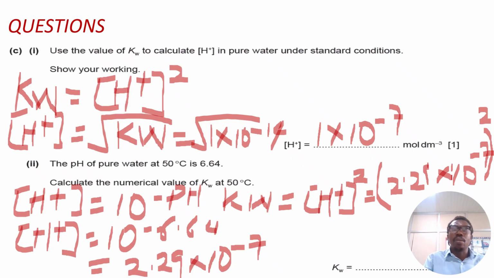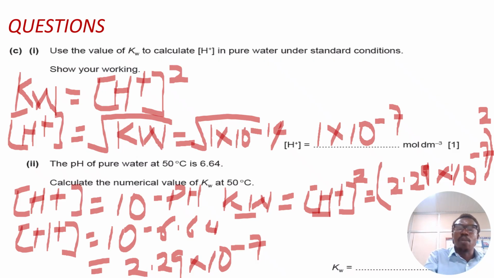You know, Kw is equal to the square of the concentration of the hydrogen ion, and the hydrogen ion is 2.29 times 10 raised to the power minus 7. So we have to square it. So I have to use my calculator. If you square 2.29 times 10 raised to the power minus 7, you are going to get 5.25 times 10 raised to the power minus 14.